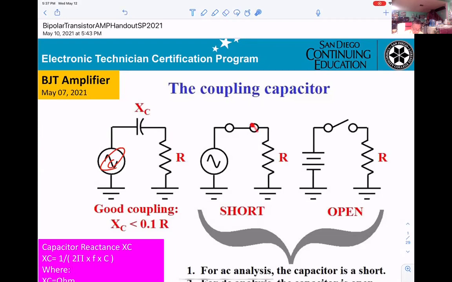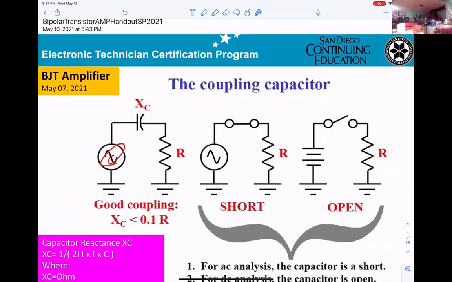And this is given to you: when the capacitor is a short for AC, it's just like a wire, okay? And for DC, the capacitor will be open. That means no current can flow from the source to the resistor, okay?